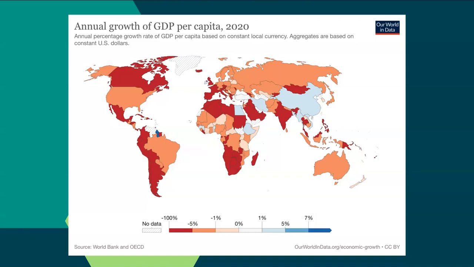In 2020, Japan had an annual growth rate of negative 4.26% per capita. And in 2020, the world had an average annual growth rate per gross domestic product rate of negative 4.29% per capita.